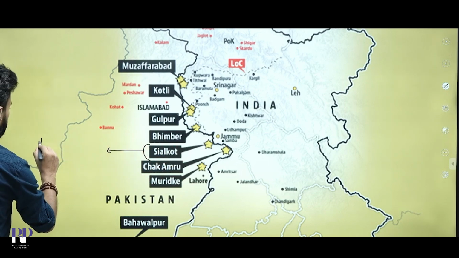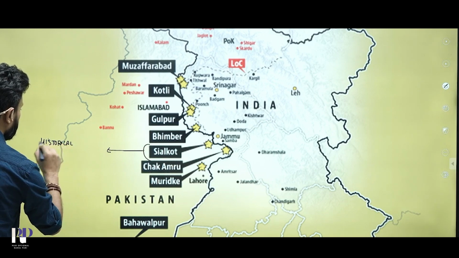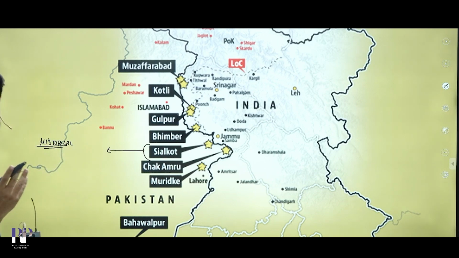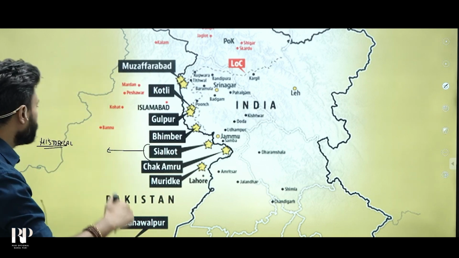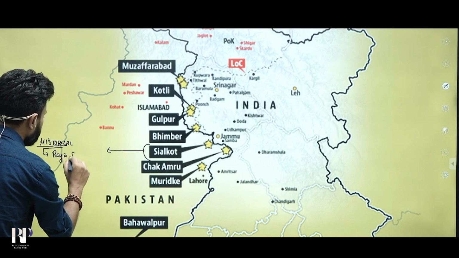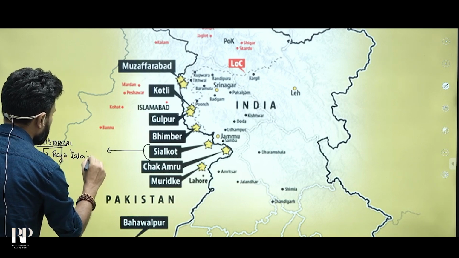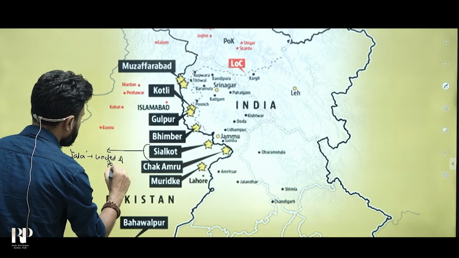As far as the historical background is concerned, this city traces its origin. The name Sialkot, it is sometimes believed, has originated from the name of Raja Salah, and this Raja Salah is known to be the uncle of the Pandavas during the Mahabharata times.